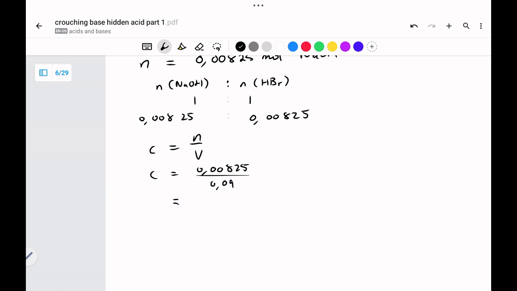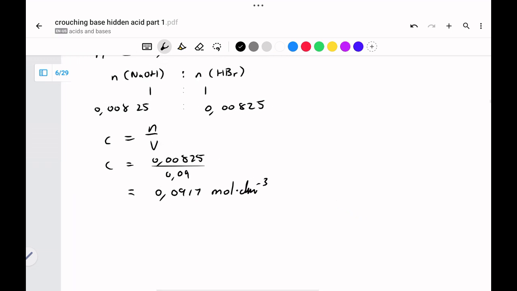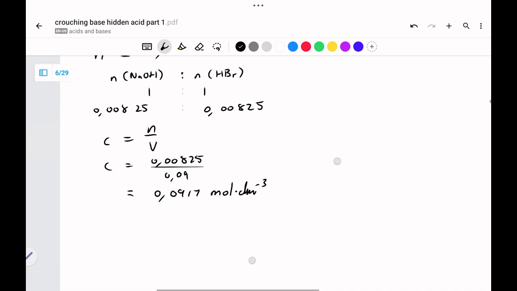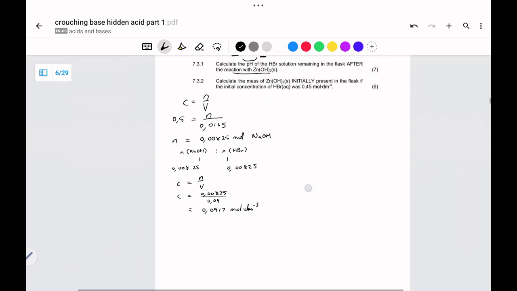So we do the calculation in our calculator, and I get, okay, that's my concentration.